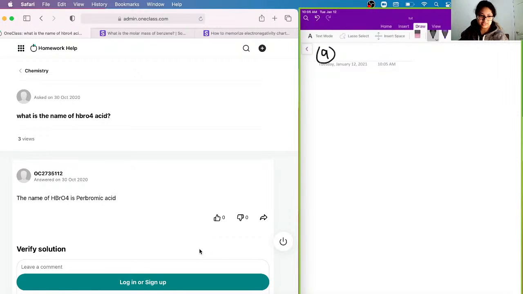Okay, so our next question says, what is the name of HBrO4 acid? As they said, this is an acid. We can say this is an acid because there's a hydrogen in front of the compound, so it has an additional hydrogen. And so the name of this is perbromic acid.